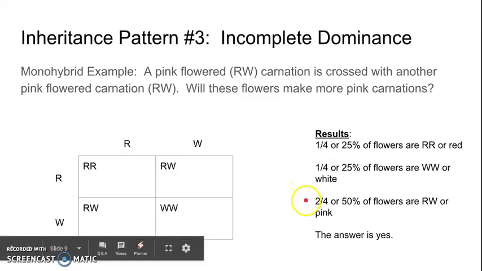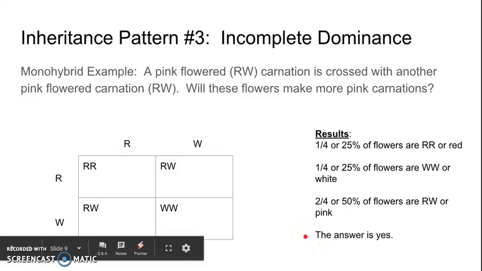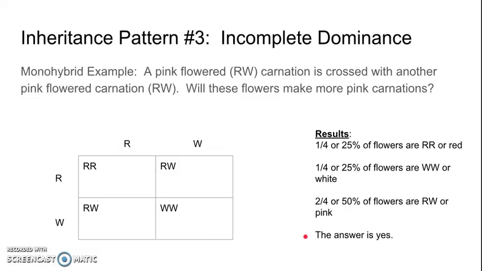And 2/4, which is 1/2 or 50% of the flowers, will be RW, or pink. So the question in this problem said, will these flowers make more pink carnations? And the answer is yes, because of the offspring, about 50% of them could in fact result in pink flowers.